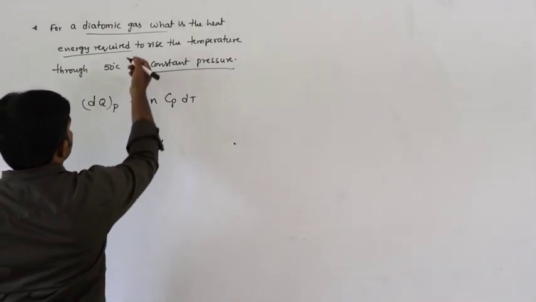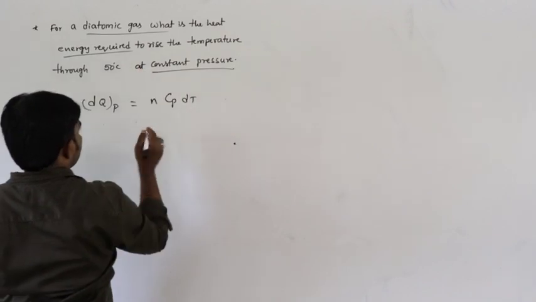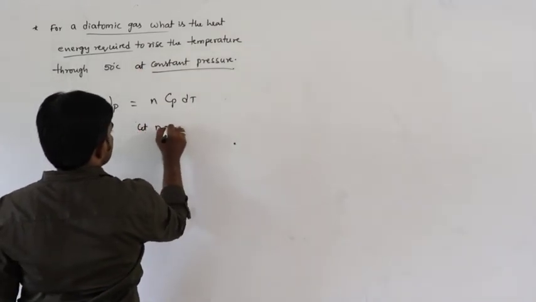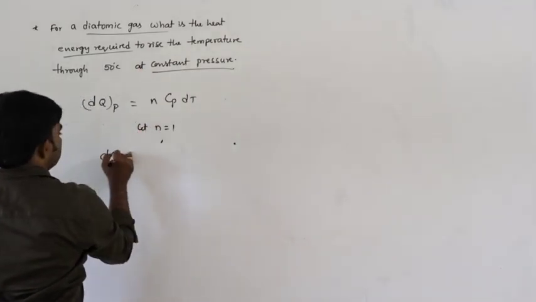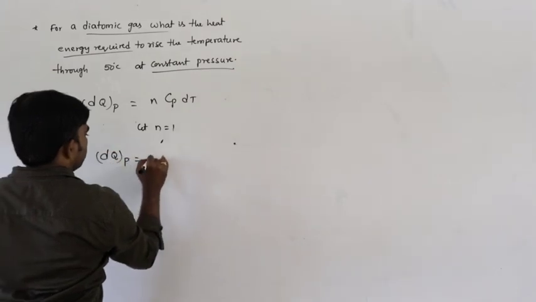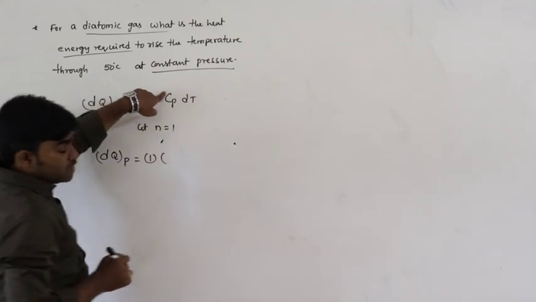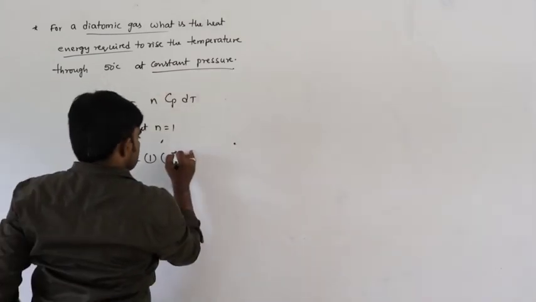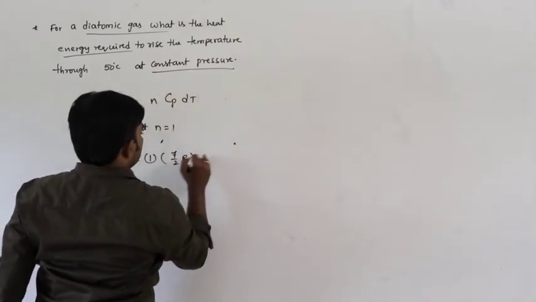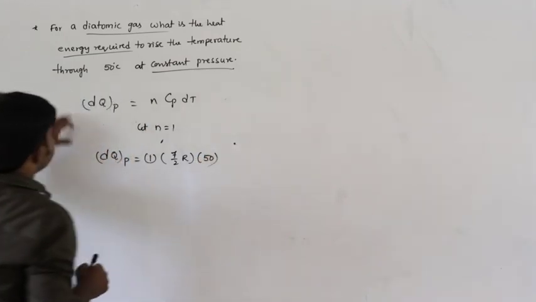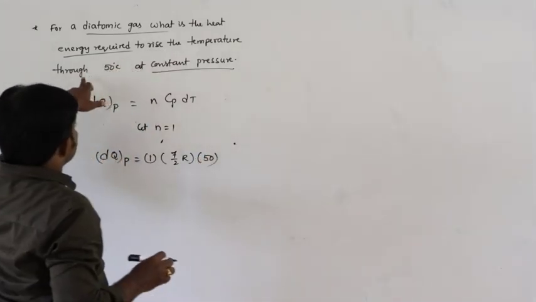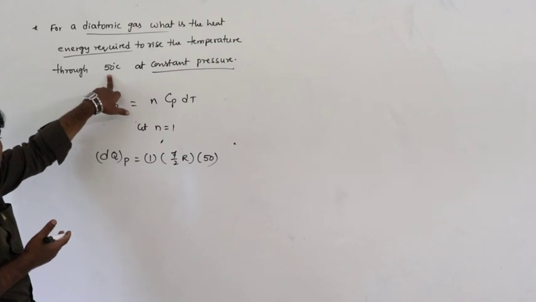So for example, diatomic gas, let n be equal to 1. Then dQ at P is equal to 1 into, this is a diatomic gas, what is the value of Cp for diatomic gas? 7/2 R into the temperature difference, which is 50. The rise in temperature is given already.